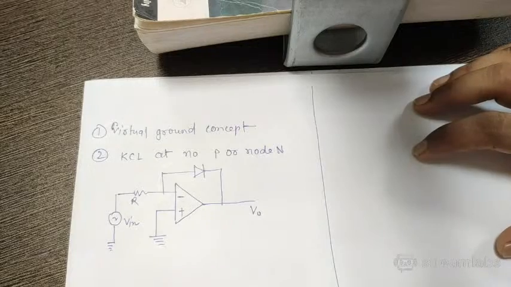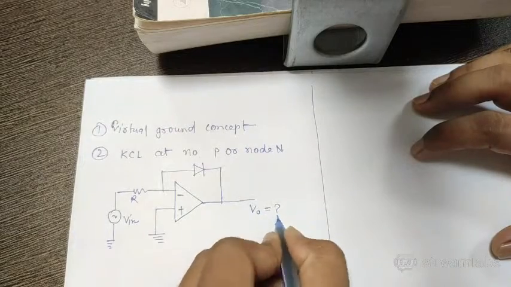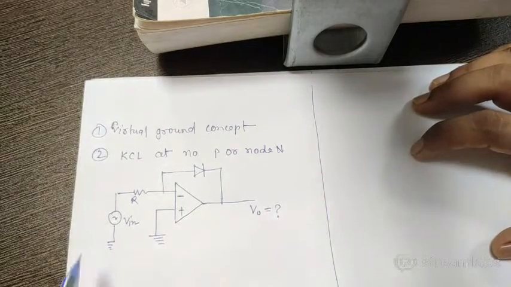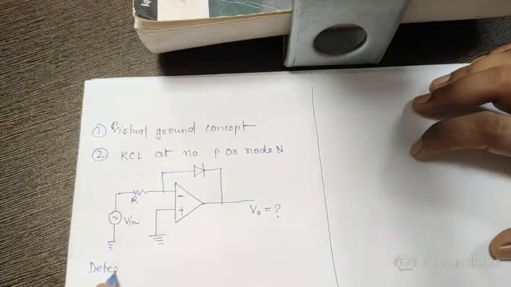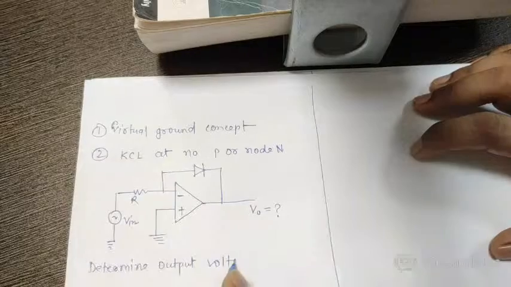Okay, so this is the circuit. Then what to find? We need to find the output voltage. Determine the output voltage in this circuit.